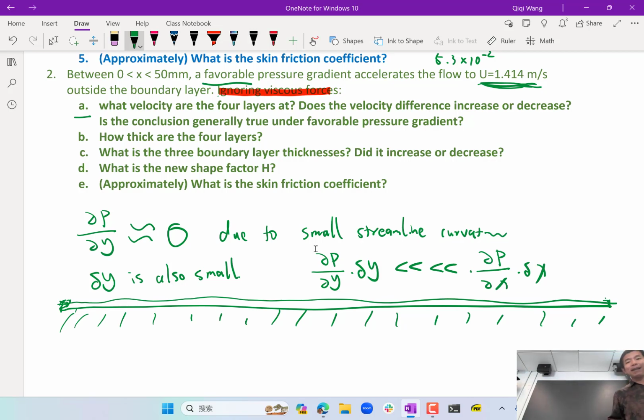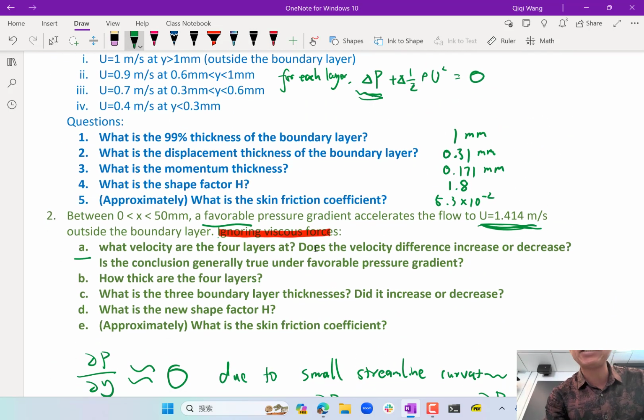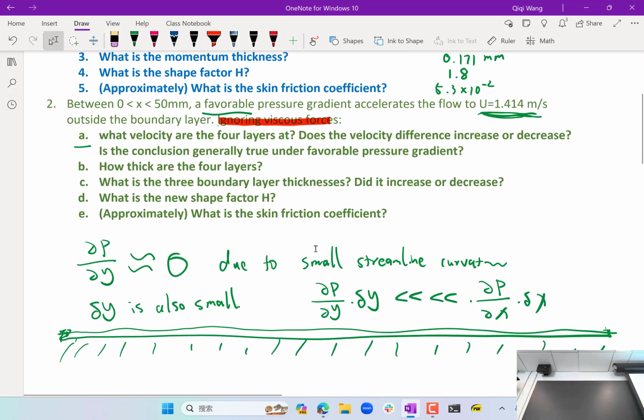Okay? So that means we can pretty much think about this delta P as the same across the different layers. This delta P is the difference between the pressure at one station in one layer and another station in the same layer.